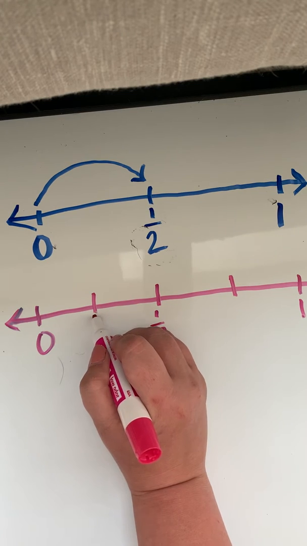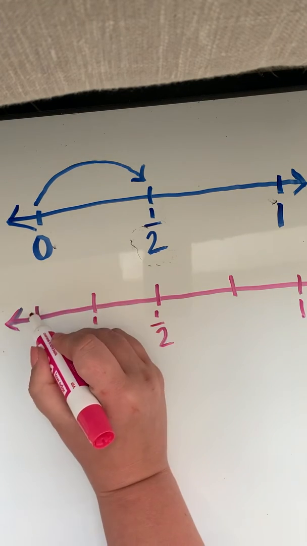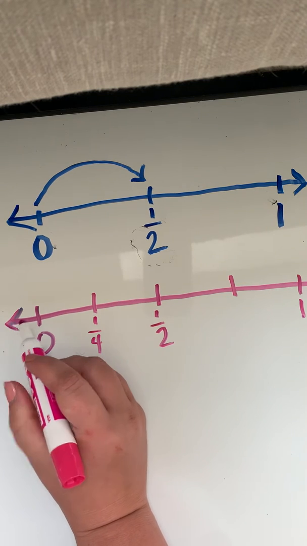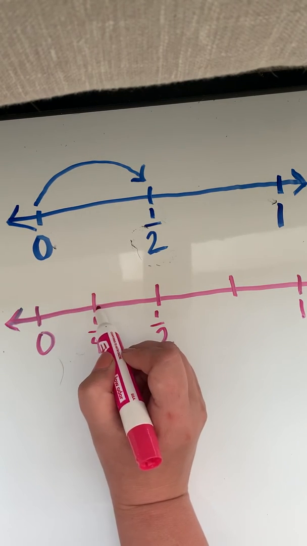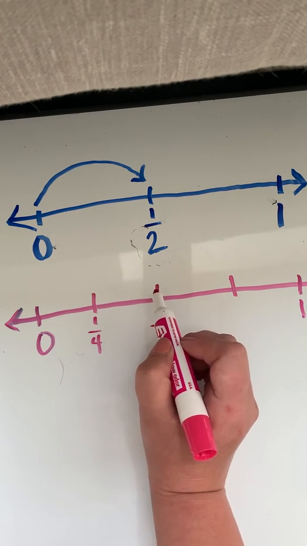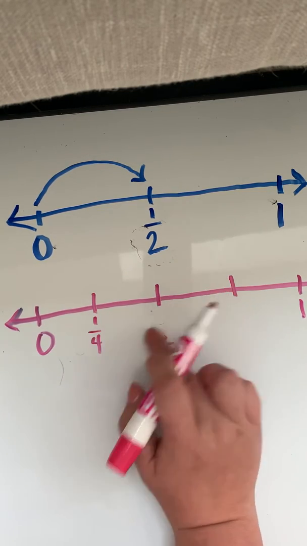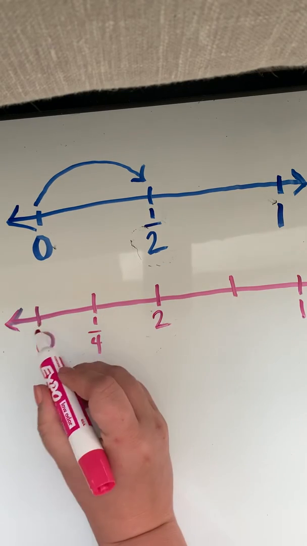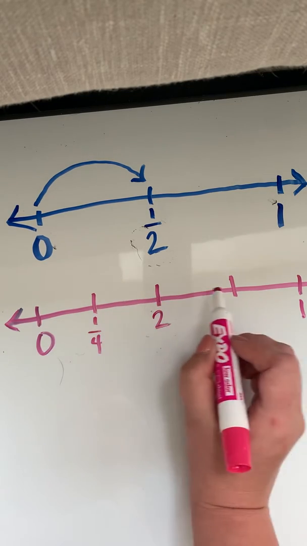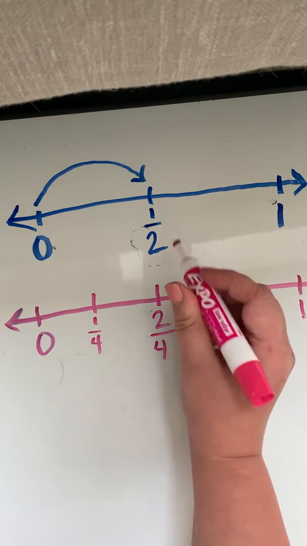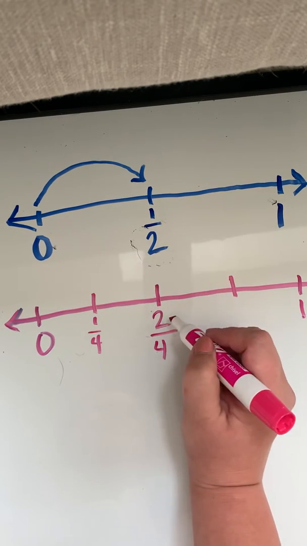So this would be 1/4. Here, instead of a half, I'm going to change this to show 1, 2. That was 2 hops. And I know that I have 4 total pieces, so that's my denominator. So 1/2 is equal to 2/4.